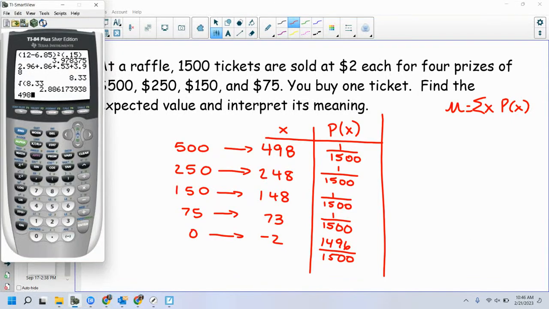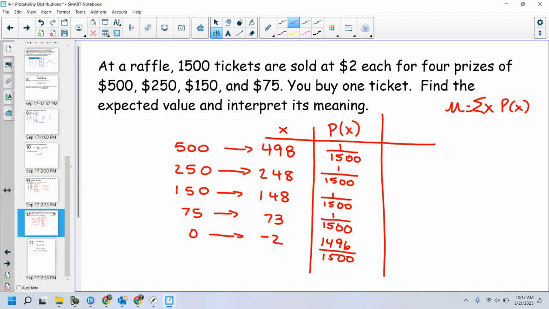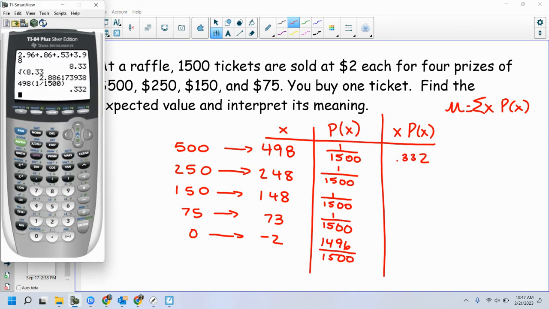So x is 498 times, whoa, that's a big number, times 1 out of 1,500. 0.332, right? X p of x, 0.332. All right.